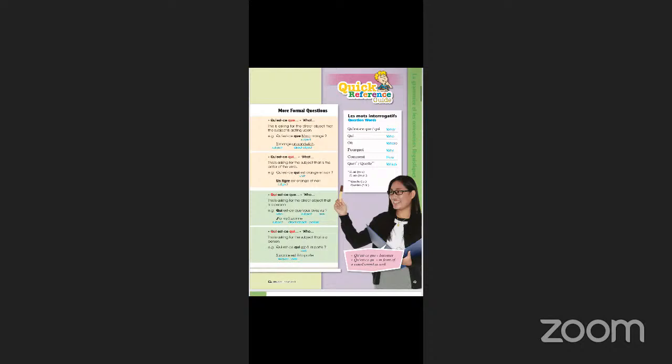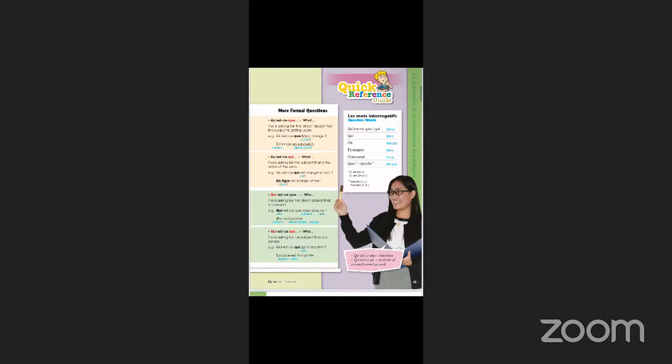So Mark is the subject, okay? So you will underline Mark. And then it's saying il mange un sandwich. So sandwich is the direct object, right? This is how you will underline, okay?